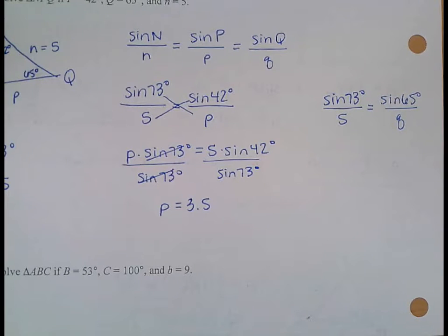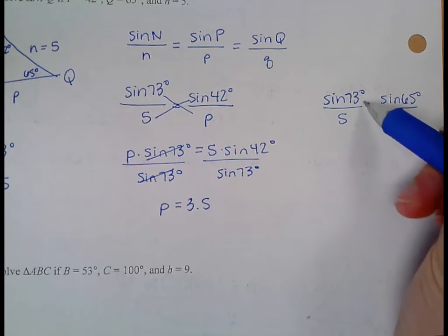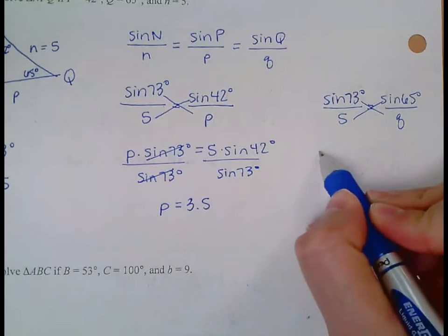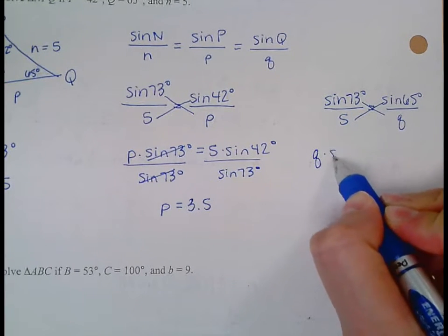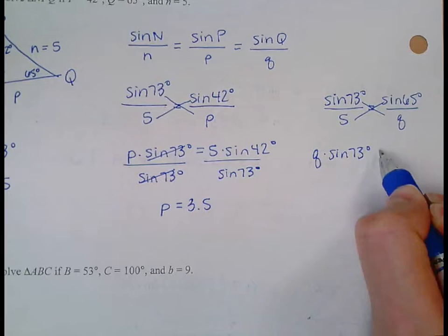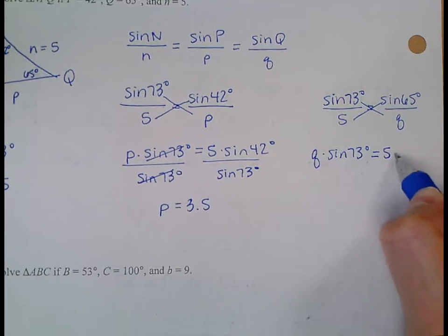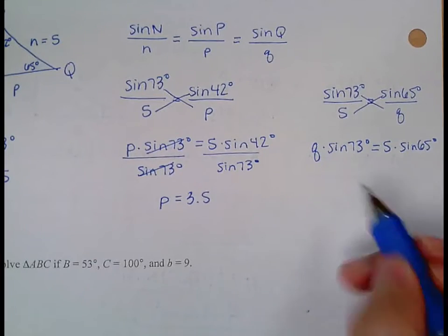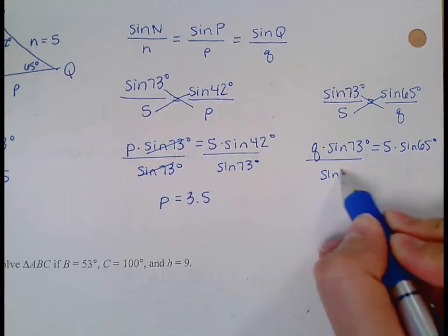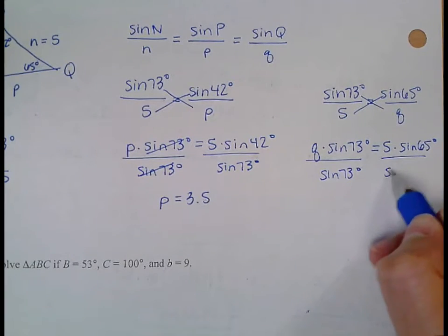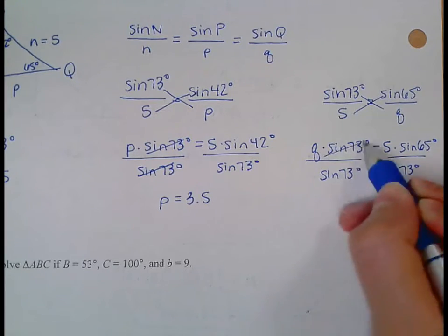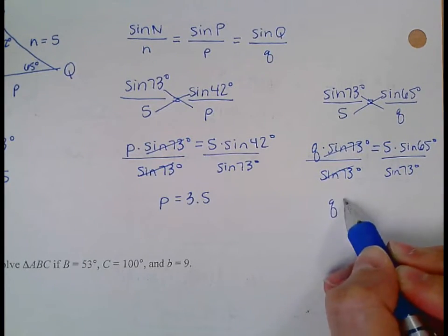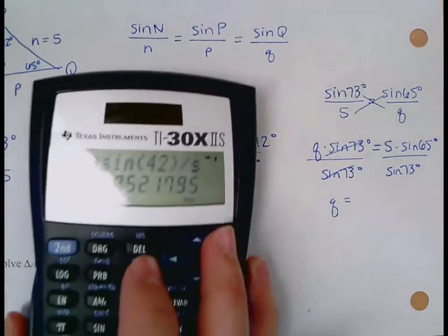And I can solve for q like I solved for side length p. So set the cross products equal to each other. q times sine of 73 degrees is equal to 5 times sine of 65 degrees. And then divide each side by sine of 73 degrees, and round to the nearest tenth.